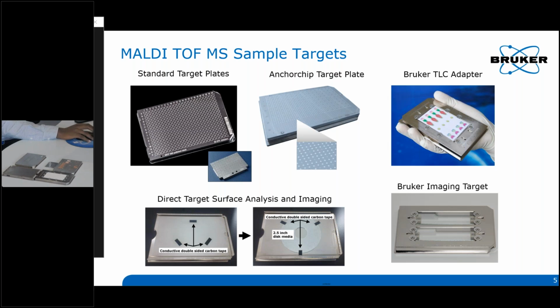We have the standard target here, which is what I've actually used for the samples that we're going to be looking at today, with up to 84 spots where you can drop your sample with the matrix on it. If you look closely, hopefully the camera can zoom in and focus well, there are 3 spots here where we used the solvent-free sample prep that I talked about in the previous slide, with just some powdery stuff on there.